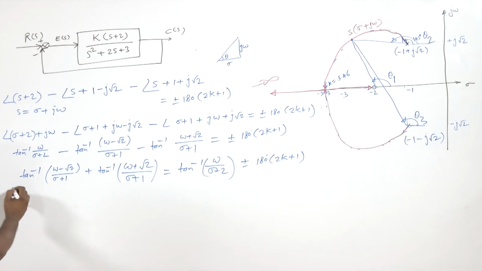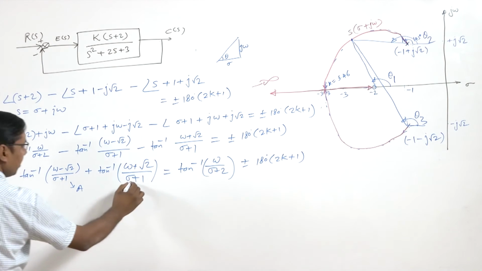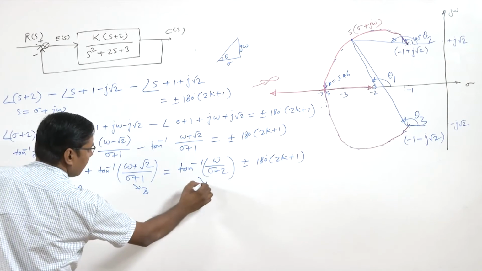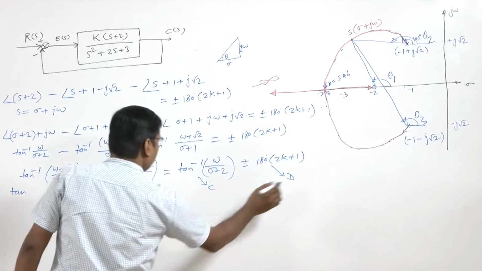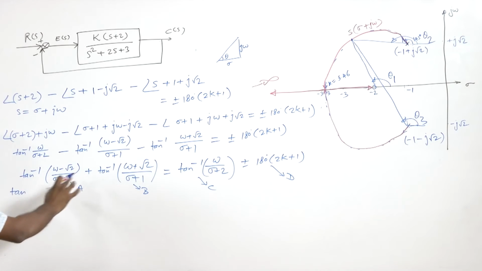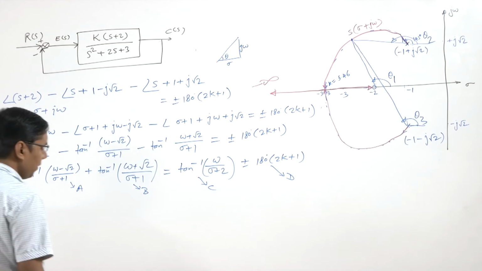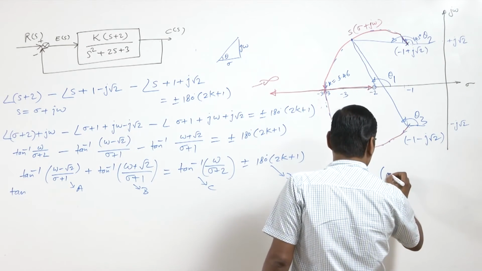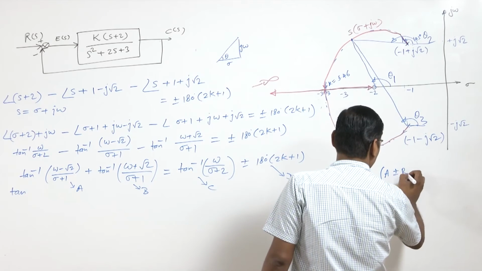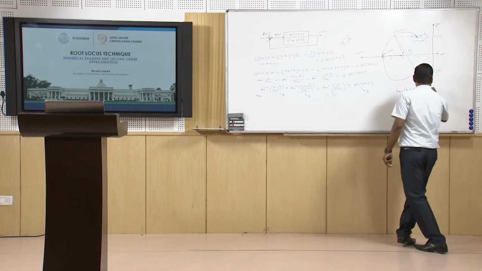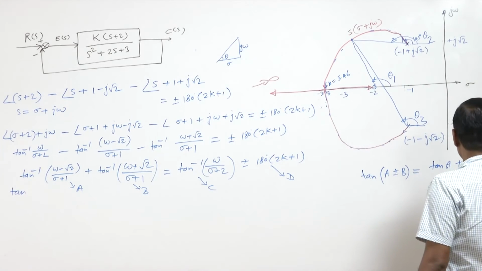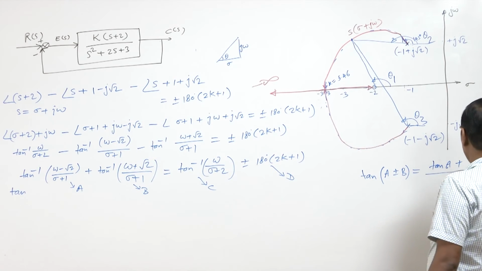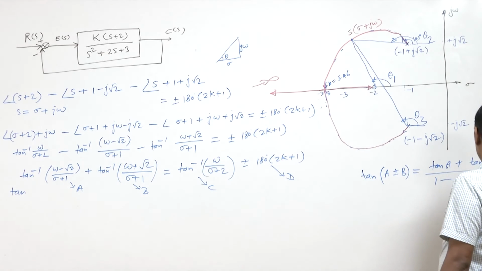Now we take tan on both sides. Let's say these are A, B, C and D. So we take tan of A plus B, using the formula tan of A plus or minus B equal to tan A plus tan B upon 1 minus tan A tan B.